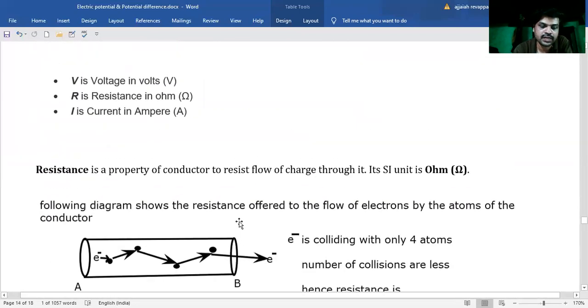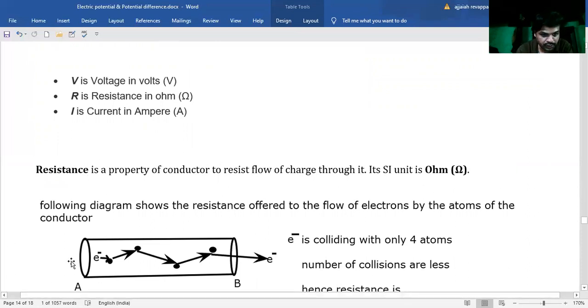Now let us define what is resistance. Resistance is a property of a conductor to resist the flow of charge through it. Every conductor, whether a copper wire, aluminum wire, silver, iron, any metal or alloy, has a certain amount of opposition to the flow of electrons.